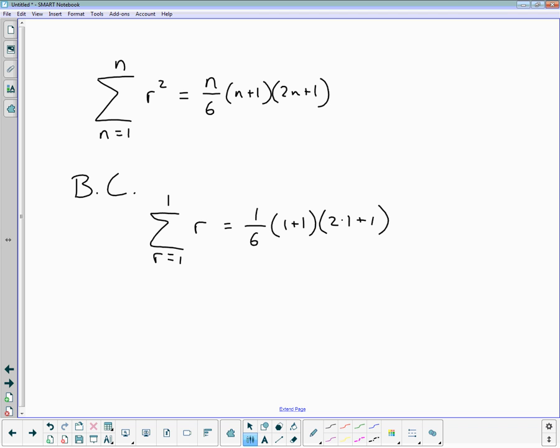Oh, I'm sorry, that's r squared. Yeah, r squared, my fault. Are we reaching consensus that the base case holds? 1 squared is equal to 6 divided by 6, right?